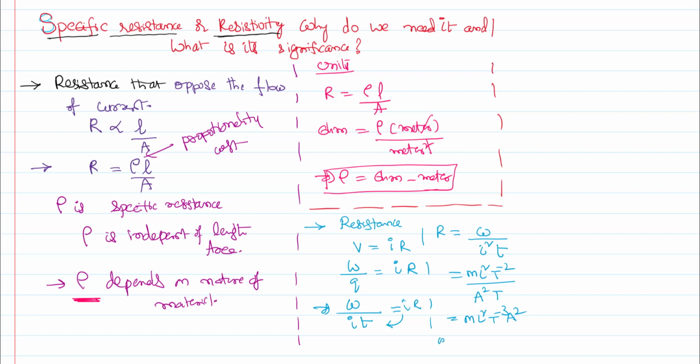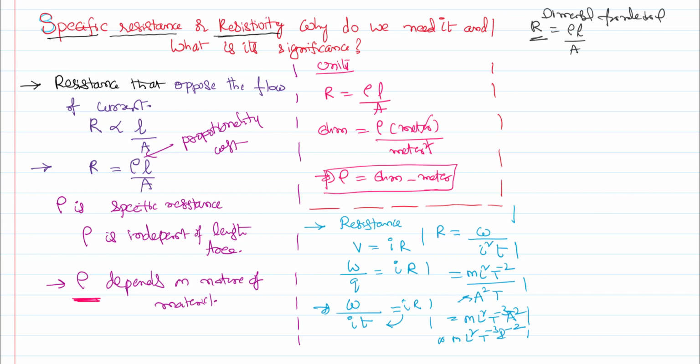So R is M L square T power minus 3 I power minus 2. I know the resistance now. We can continue further using the formula R equals rho L by A. I want the dimensional formula for rho.